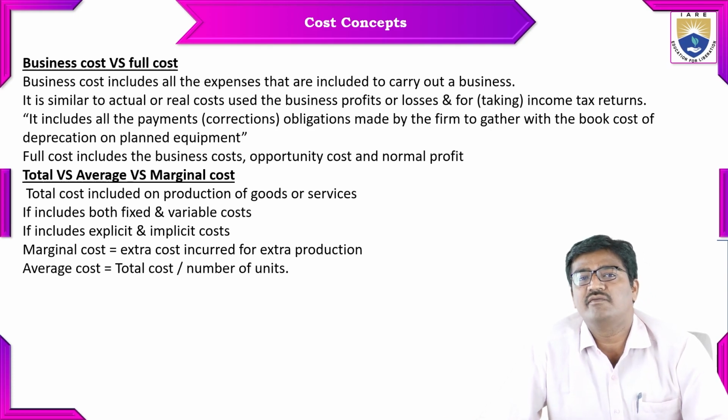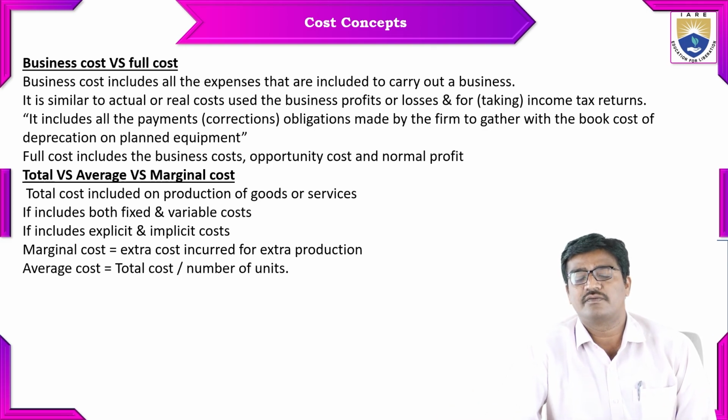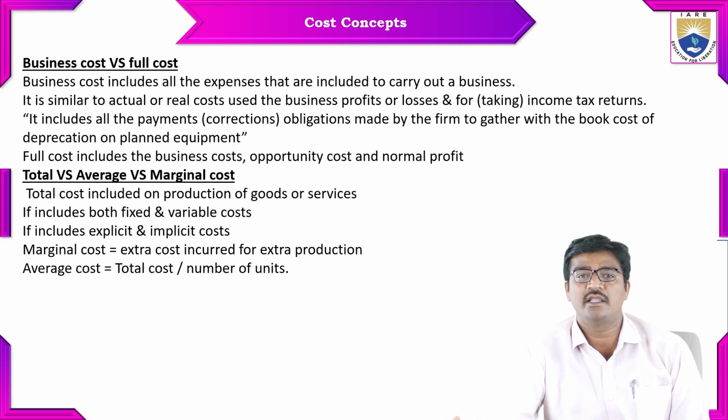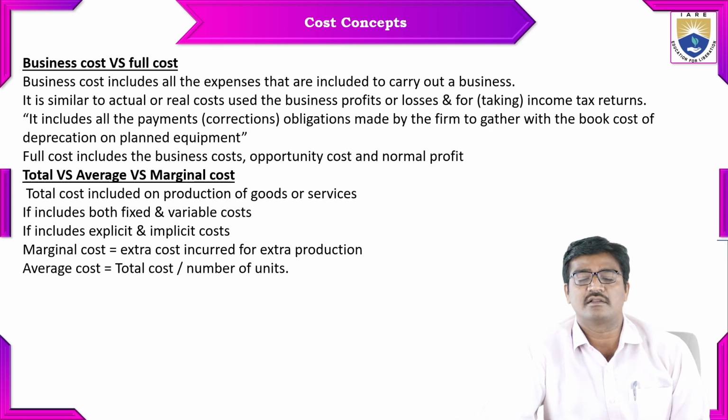In general, everybody uses the word cost instead of selling price. When we go to any shop or any place, we generally hear the question, what is the cost of this particular product.